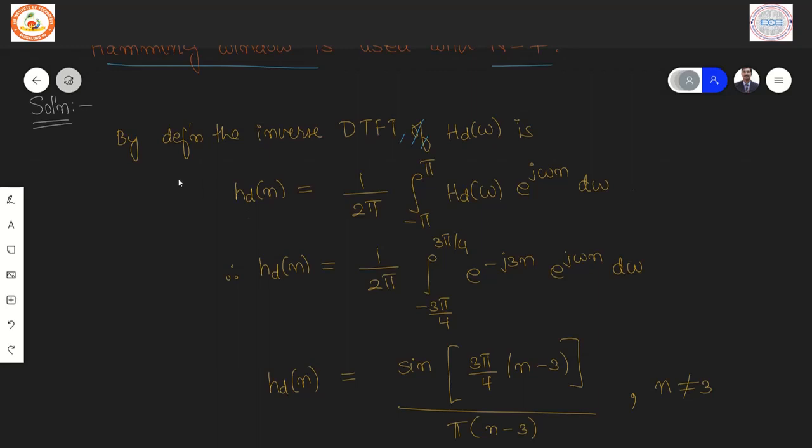In the solution, from the definition of inverse DTFT, we have the inverse DTFT of HD of omega, which is given by HD of n is equal to 1 by 2 pi times the integral from minus pi to plus pi of HD of omega e power of j omega n d omega. HD of n is the desired impulse response of the infinite IIR filter.